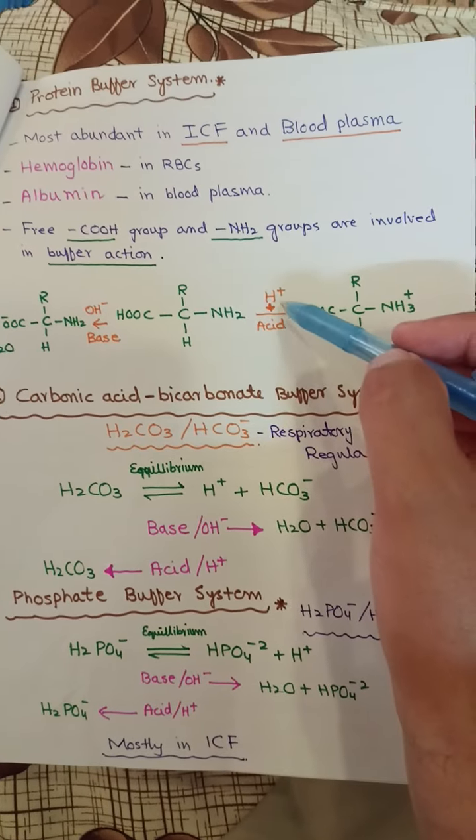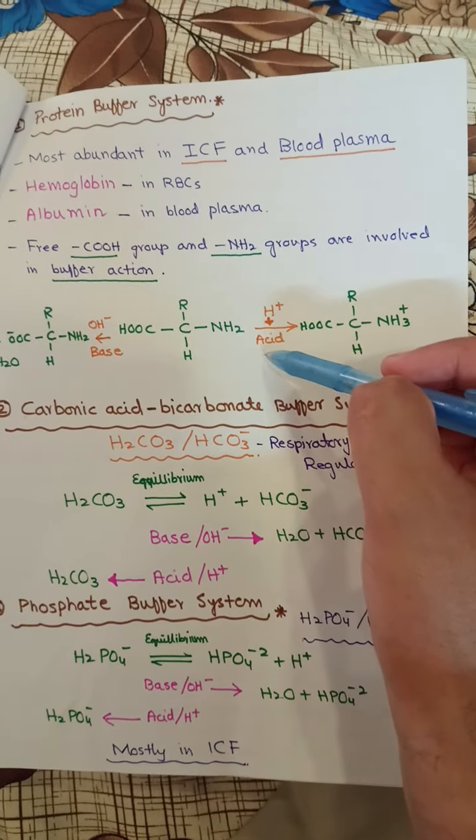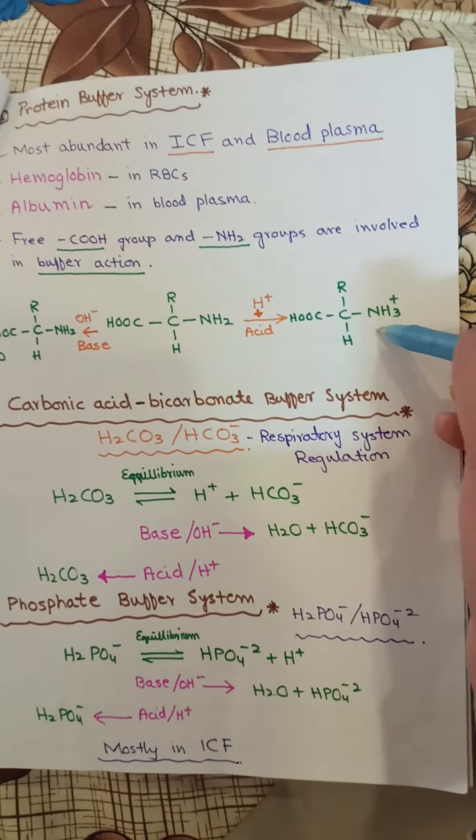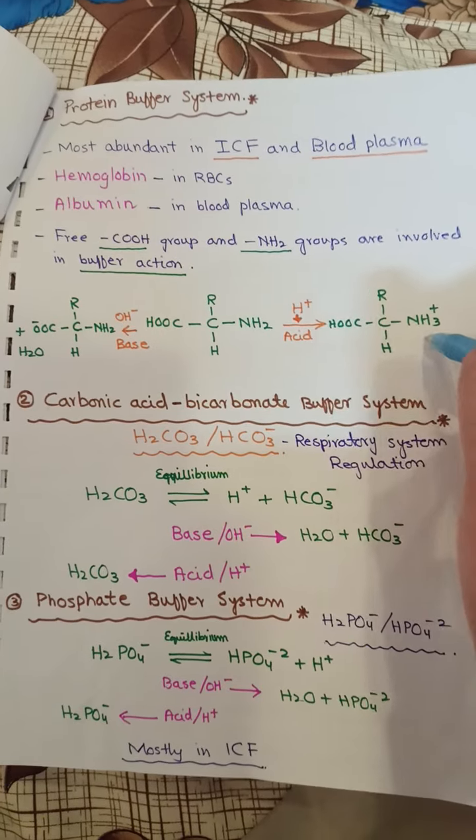When hydrogen ion concentration increases, like in an acidic condition, the amino group becomes an ammonium ion and it eliminates hydrogen ion.